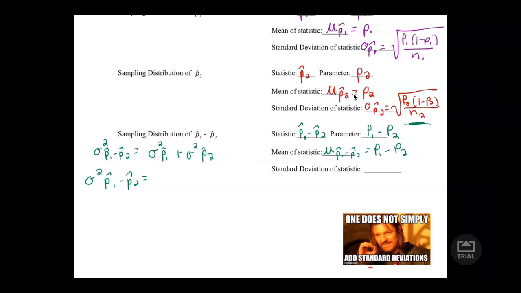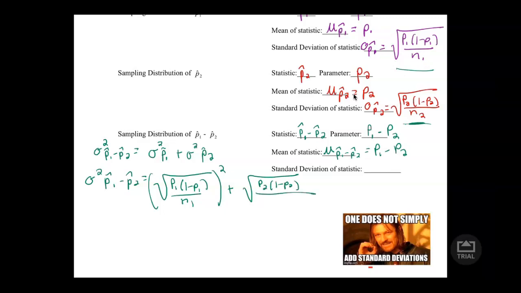So it's going to be the square root of p1 times 1 minus p1 over n1, and we're going to square it. Then we're going to do the next one. It's going to be p2 times 1 minus p2 all over n2, and because it's variance, we square it.